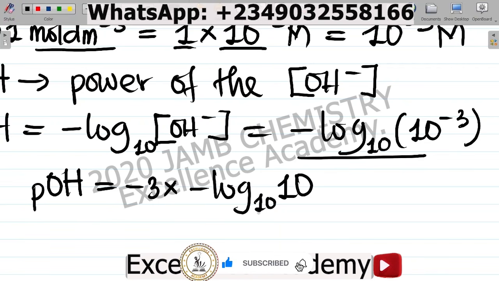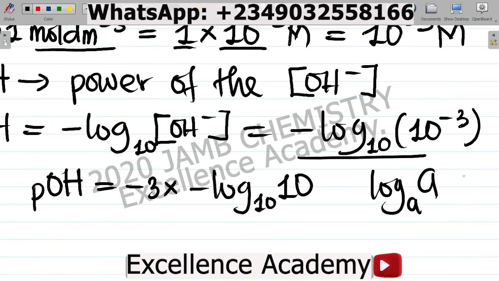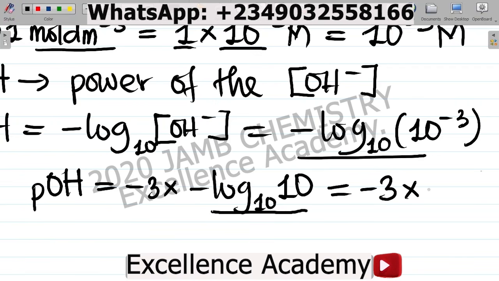From here, we know that log of a number to itself as a base is equal to 1. The same thing happens when you have log 10 to base 10. It also gives you 1. So for this question, log 10 to base 10 gives you 1, and that becomes minus 3 times minus 1, from the laws of logarithm.